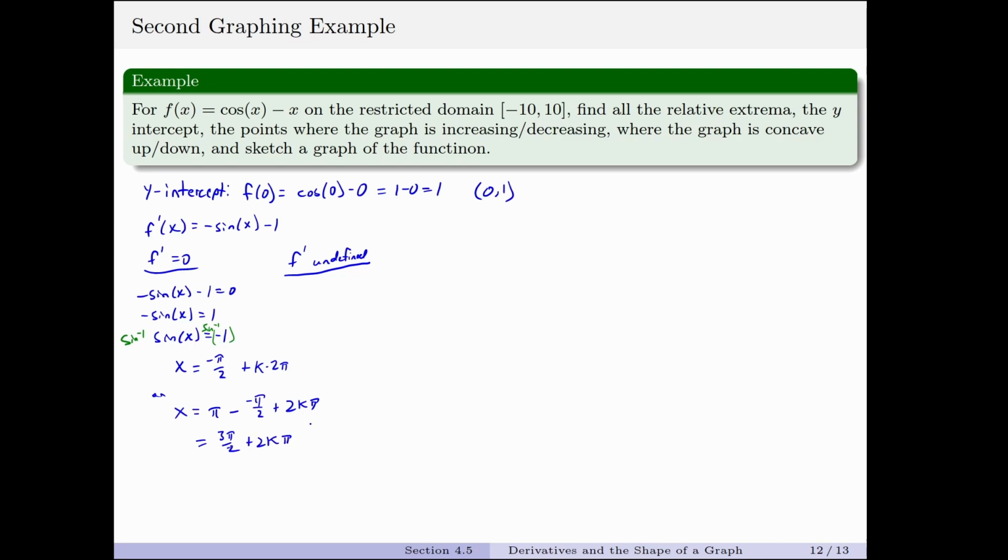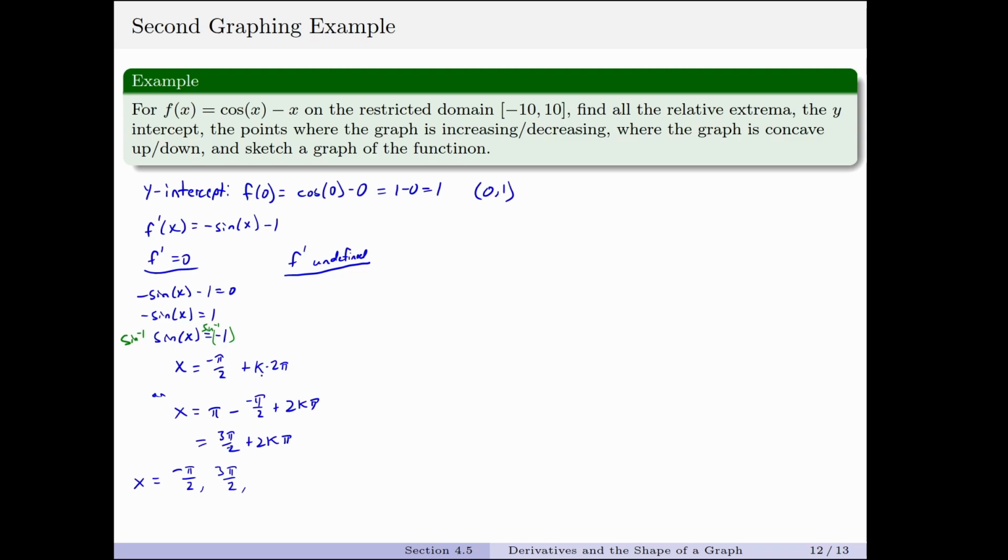Now we're looking in the restricted domain negative 10 to 10. So what I want to do is list out all of the values that are actually between negative 10 and 10. So we're going to list our critical points. When k is 0, I'll get negative pi over 2. Out of the second one, I'll get 3 pi over 2.